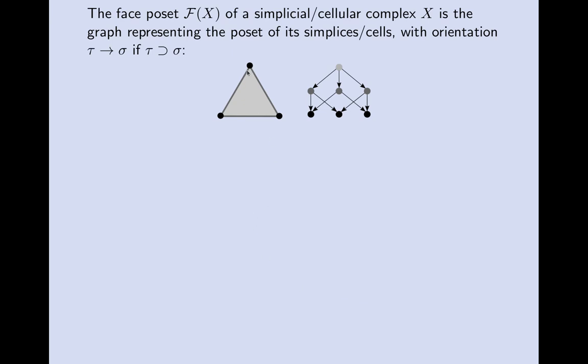You can see here an example with the 2-simplex. Here is its face poset. We have one vertex corresponding to the whole 2-simplex, then 3 vertices corresponding to the 3 edges, and 3 other vertices corresponding to the actual vertices of this simplicial complex.